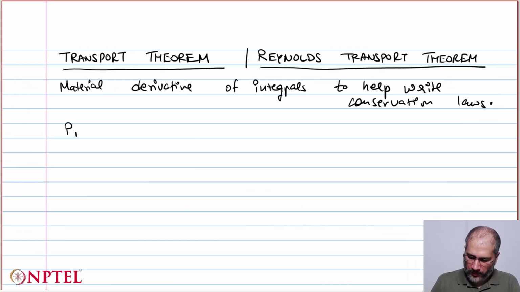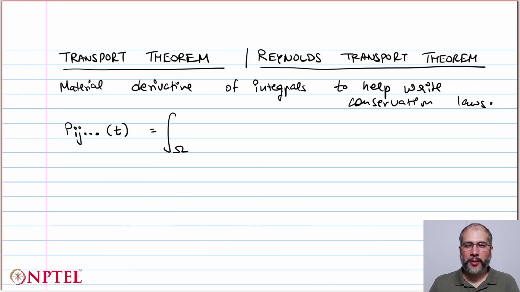So let us say we have a quantity denoted by this nth order tensor, P_ij..., which is a function of time. We can write this quantity as an integral over all the material points in the volume omega for the corresponding quantity P star, which is a function of small x and t.